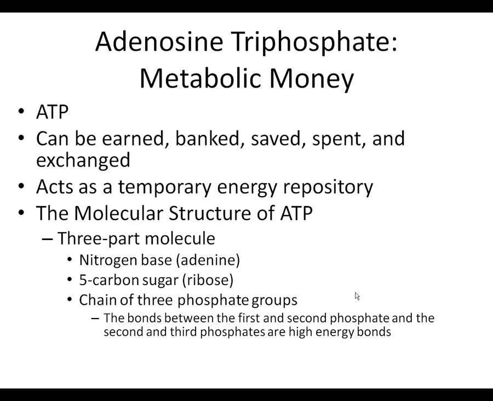You have a nitrogen base, which is adenine, you have a 5-carbon sugar, which is a ribose, and then you have a chain of phosphates. That chain of phosphates has 2 phosphates that are bonded together that give you high energy bonds, and once those bonds are broken, energy is released and available to do work.